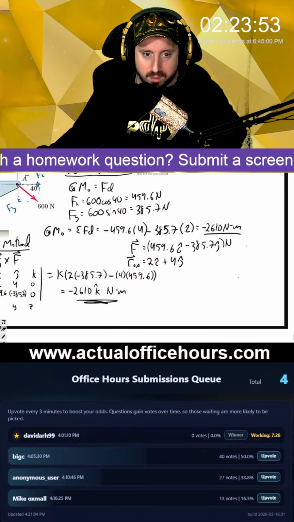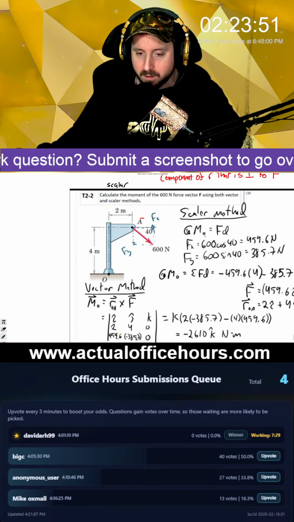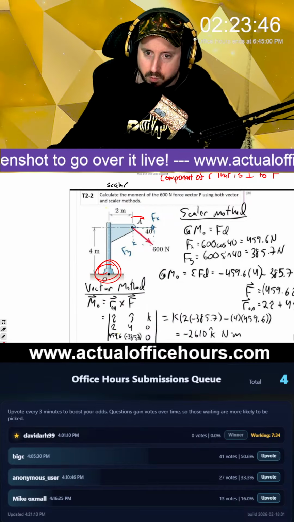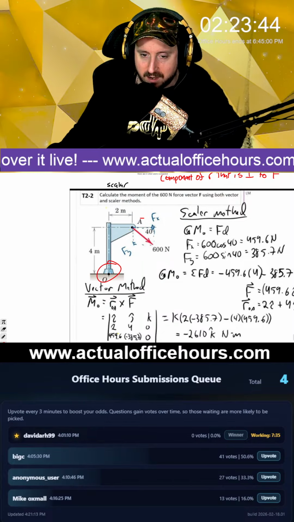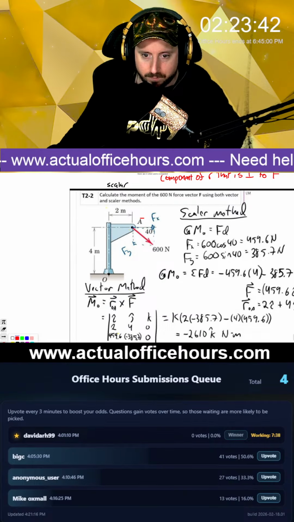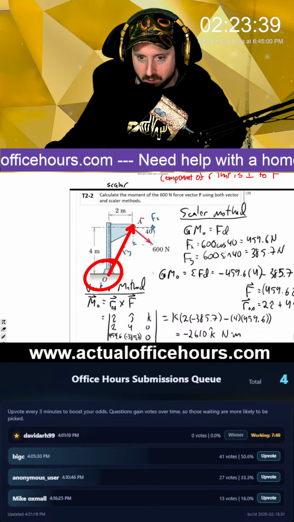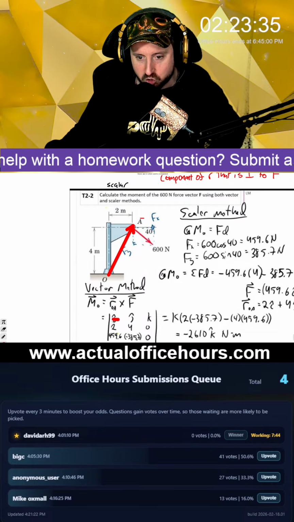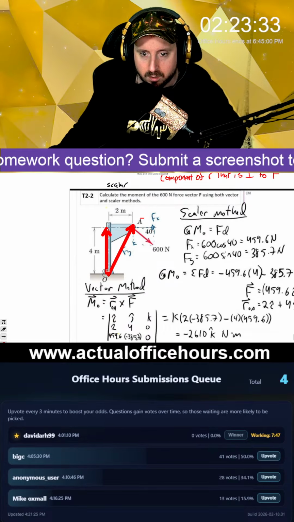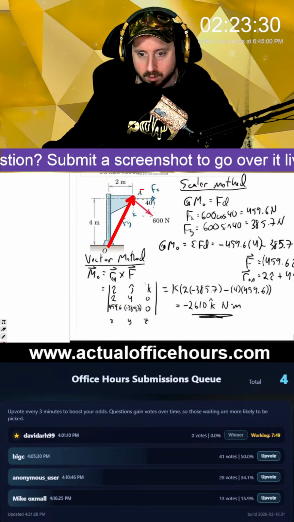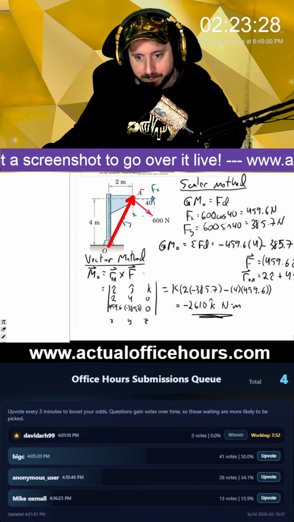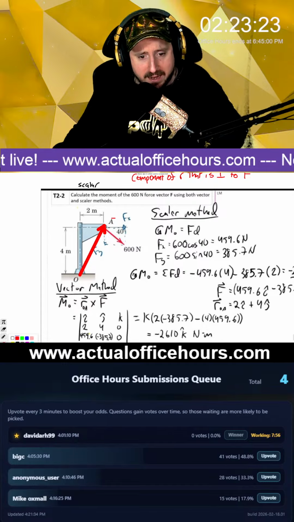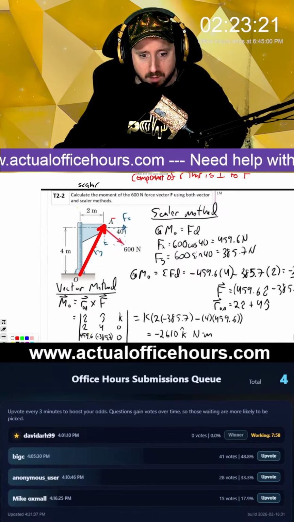Okay, so with the vector method, R needs to connect from the origin to the point of the force. If you're going from here to here, that means you're going 2 to the right. That's why the R vector is 2, 4, and 0, right? Nothing's coming in and out of the plane. And then if you look at F, F has a couple components.